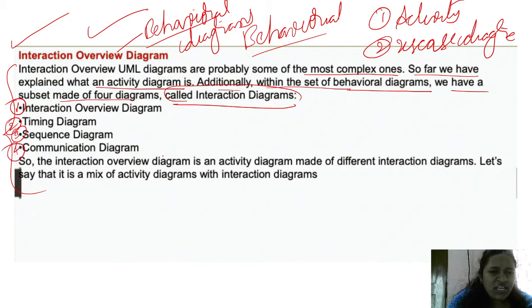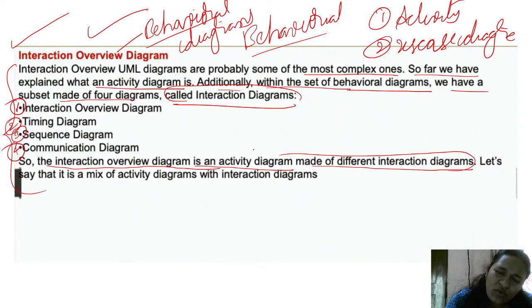So the interaction overview diagram is an activity diagram. It is also a type of activity diagram made of different interaction diagrams. Here we are combining the activity and different interaction diagrams.